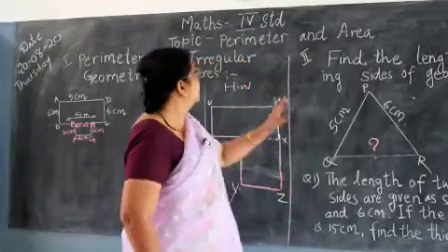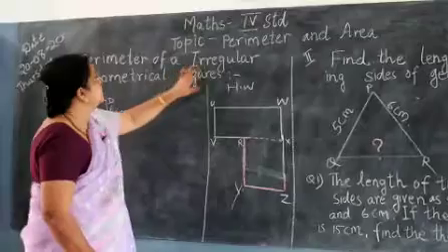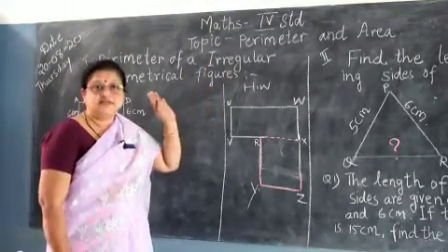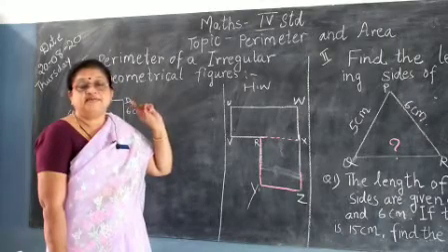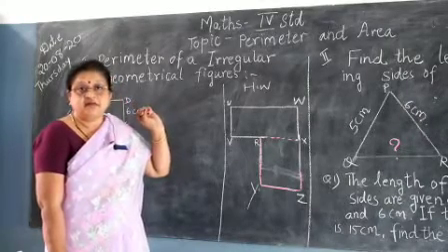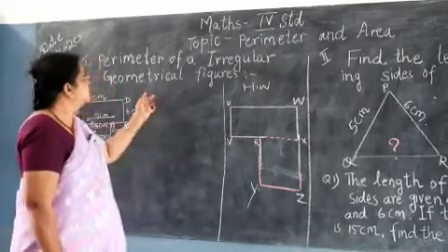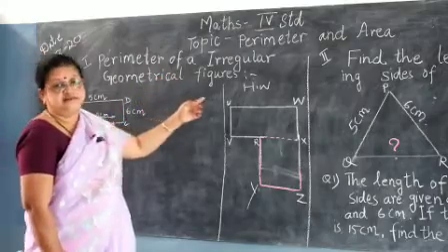Today we will be doing the perimeter of an irregular geometrical figure. Last time you did your homework very well, children. You found the perimeter of regular geometrical figures. Today you will see how to find the perimeter of an irregular geometrical figure.